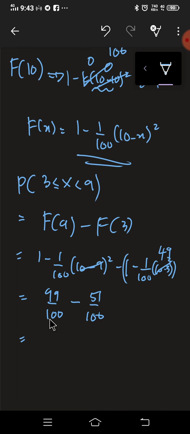Please check, is it correct or not? Okay, so 99 minus 51 is 48. So 48 over 100, or we can simplify by dividing by 2, so 24 over 50, or by dividing by 4, so it will be 12 over 25. So this is for question B.